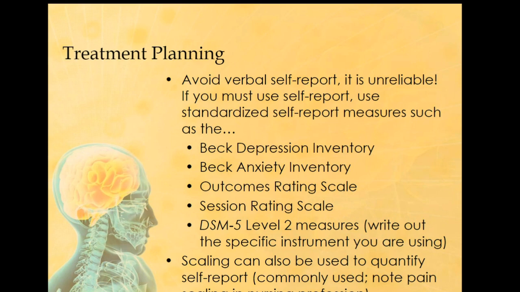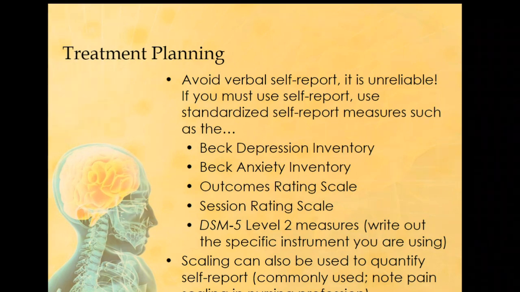Some examples of that would be the DSM-5-TR Level 2 assessments. Again, those are in the Brightspace classroom. So just make sure that as you're working on your treatment plans, you go through and find some measurement tools that work well with what you want to do.